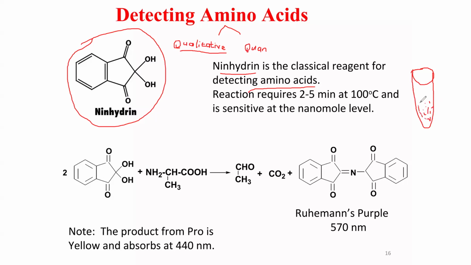In this solution, you want to check whether amino acid is there or not. In this case, you need a nanomole, that is, a small quantity, a small amount of this ninhydrin, and you add it inside this test tube.